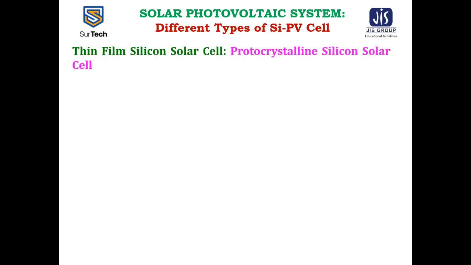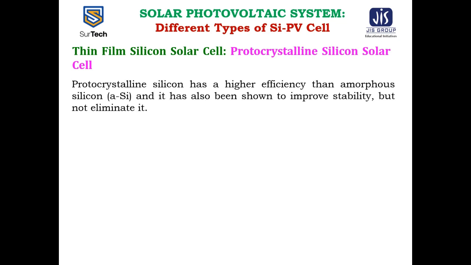Now the protocrystalline silicon based thin film solar cell. The protocrystalline silicon has a higher efficiency than the amorphous silicon and it has also been shown to improve stability but not eliminate the instability.